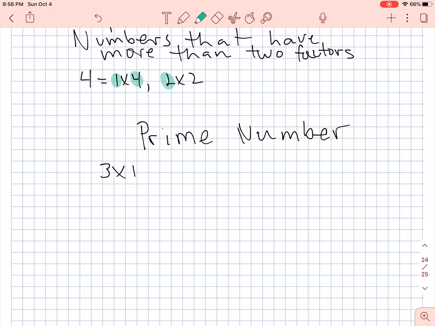So prime numbers only have 2 factors. One of those factors is the number 1, and one of those factors is itself. So for example, 3 is a prime number, and the only factors of 3 are 1 and itself, 3.